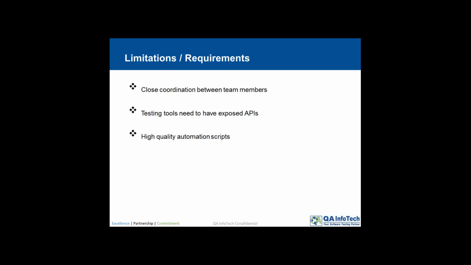The other requirement for this system to go ahead is high quality automation scripts. Now that we are relying heavily on the quality of automation scripts and we have curbed any manual effort in changing the status of any story, we need to make sure that there are no false positive results coming out on executing the automation scripts.